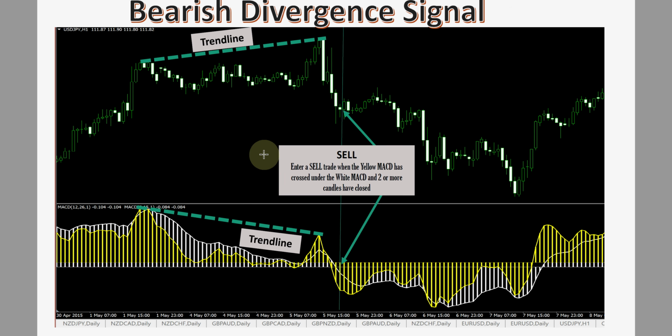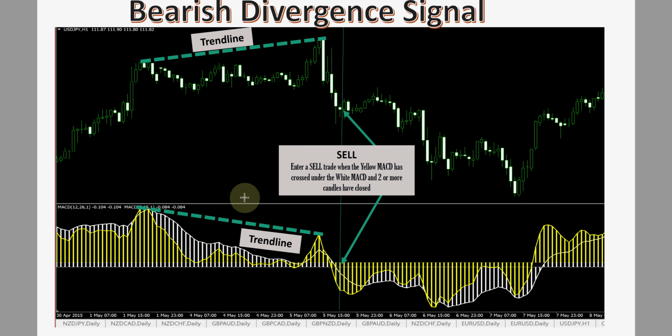Now we have the bearish divergence signal. What is divergence? You need to understand what divergence is. It occurs when the price of a financial instrument and the value of an indicator move in opposite directions. So if we join these two highs together, the previous high and the current high, with a trend line, it shows price is going up.